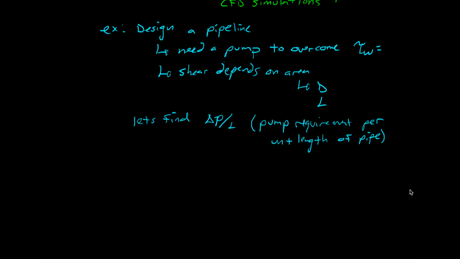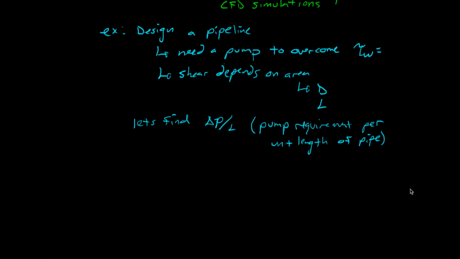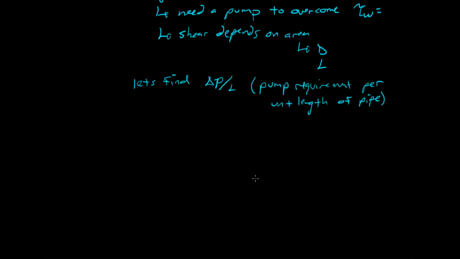So now what I'd like to do is just brainstorm the things that might affect that. So let's think for a minute. Delta P over L. What are the things that this is a function of? Well, we already said one of them, right? The diameter. I'd say the length too, but we already caught that on the left-hand side, so we don't need it twice. The other thing that we're going to be interested in are the fluid properties themselves, right?